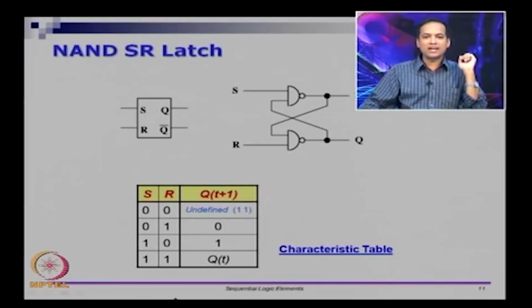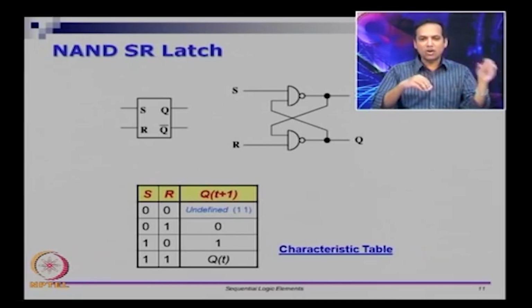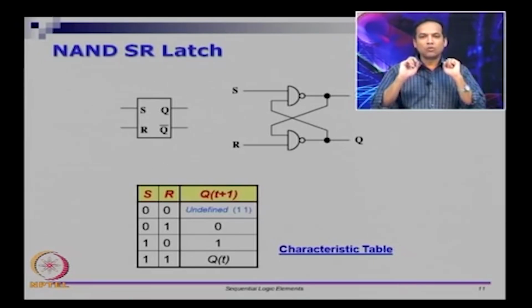In a NAND based latch 1, 1 will keep the previous value, it will retain the previous value of Q and Q bar, whereas 0, 0 will retain the previous value in the NOR based SR latch. So these are the basic conditions. An SR latch could be either NOR based or NAND based. In a NOR based latch 1, 1 is undesirable, and in a NAND based latch the 0, 0 condition is undesirable.